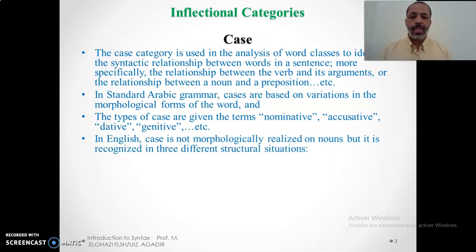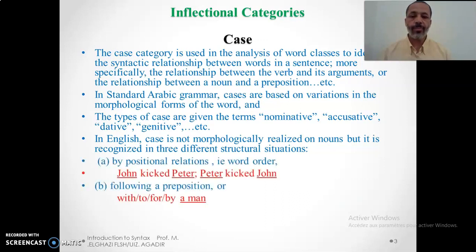In English, case is not morphologically realized, like in Arabic, on nouns, but it is recognized in three different structural situations. First, by positional relations, meaning word order. We know the case assigned to a noun phrase from the position it occupies in a sentence.